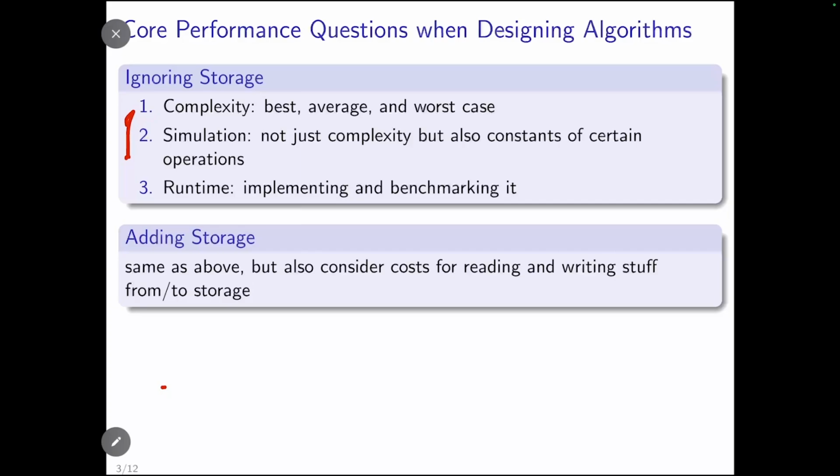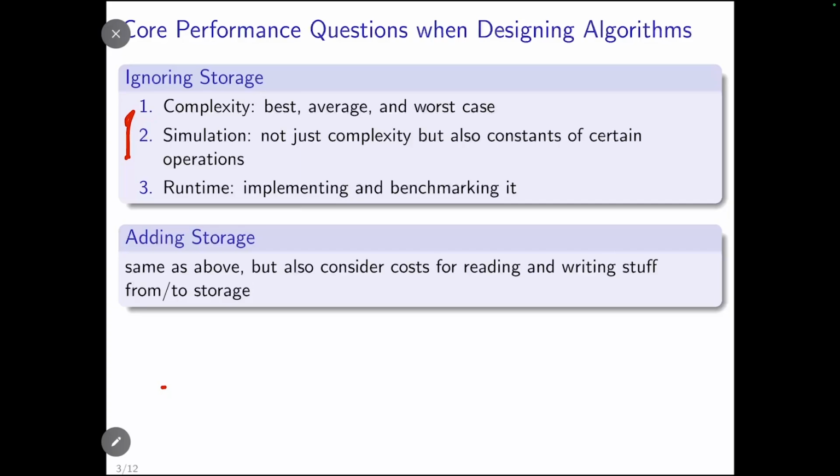If one operation for algorithm 1 takes 1 hour and the other takes 1 nanosecond, well, there's a performance difference. Yeah, they're both linear, who cares, right? But that's quite a difference. You want to know about that. You should factor in those constants, and in database systems, we need to factor in these constants. And the third thing you could do is implement stuff and benchmark it.